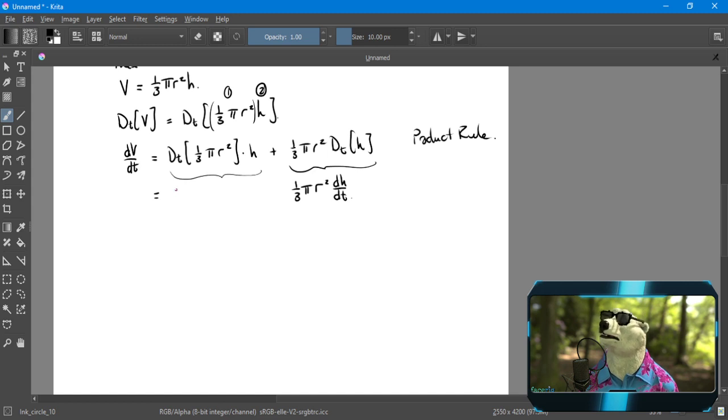So I have to take the derivative of the outside function, which is the first part of the chain rule, which is going to be 2/3 pi r by the power rule, times the derivative of the inside function, which is r, so dr/dt, and then I still have this h that was just waiting for the whole thing to be done.